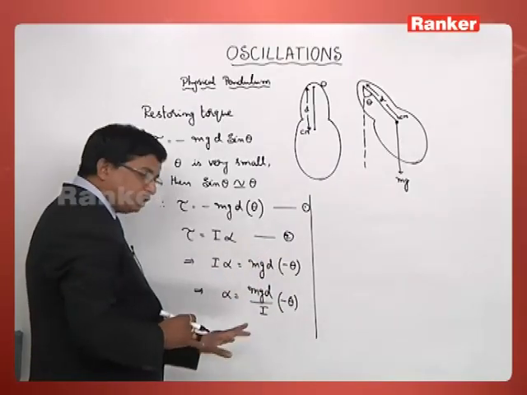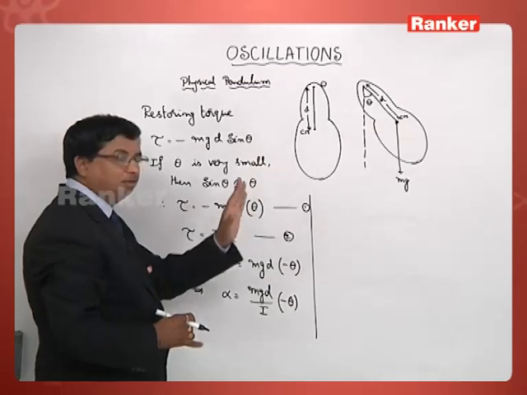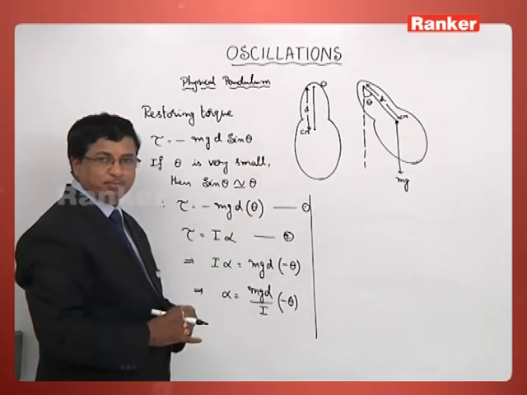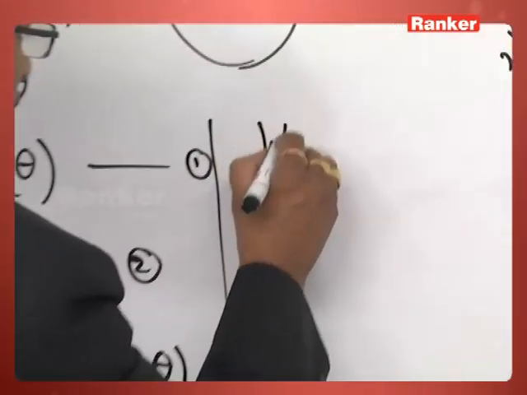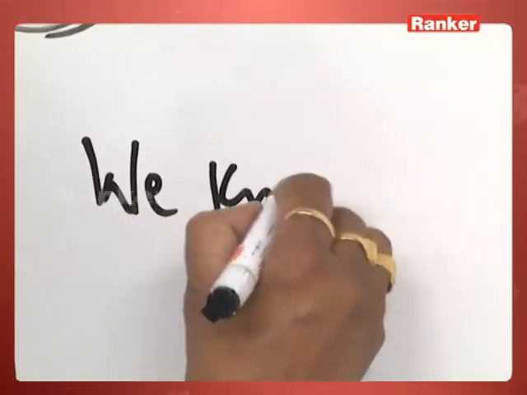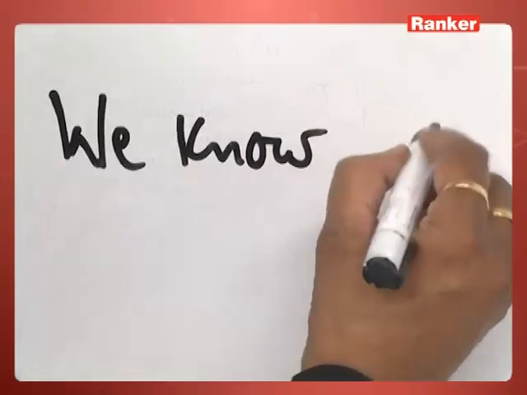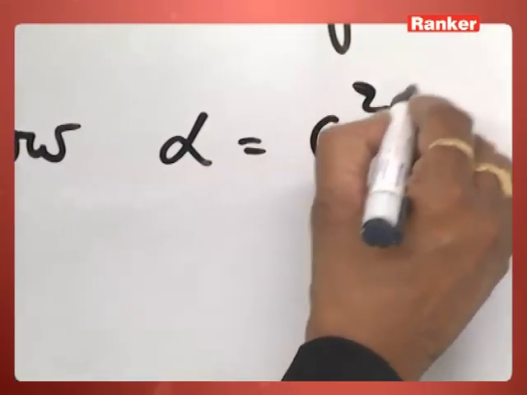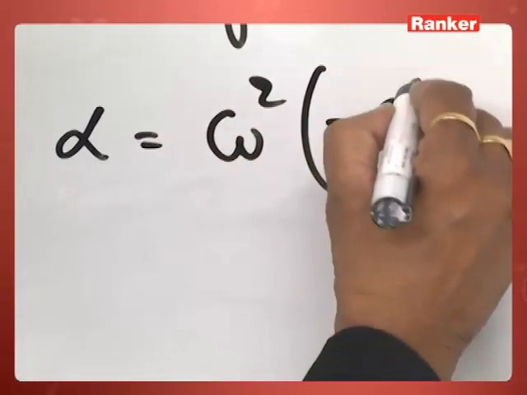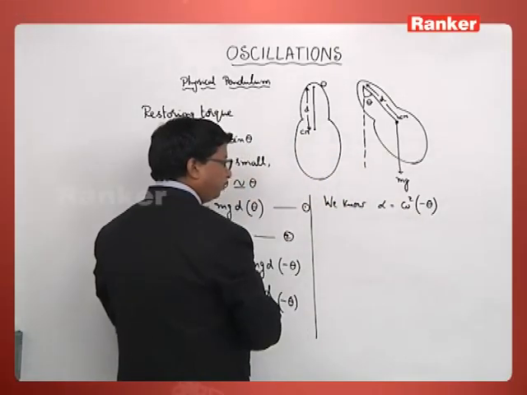That is the principle for angular simple harmonic motion of a body. So, directly we know alpha is equal to minus omega square into theta.